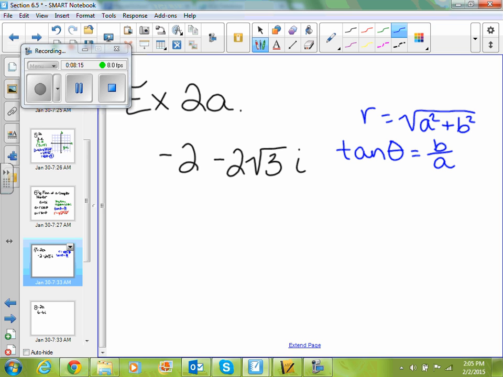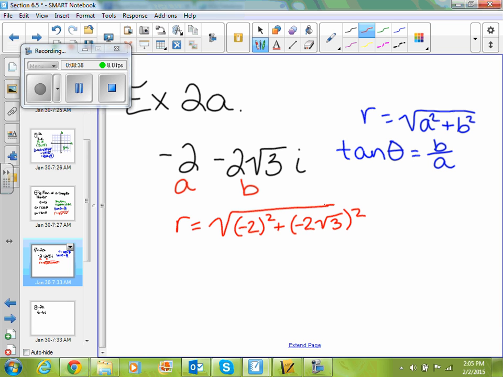Because finding those, then I will have my trig form. So I know that my a is negative 2 and my b is negative 2 root 3. So if I plug those in to find my r, then I get the square root of negative 2 squared plus negative 2 square root of 3 squared.